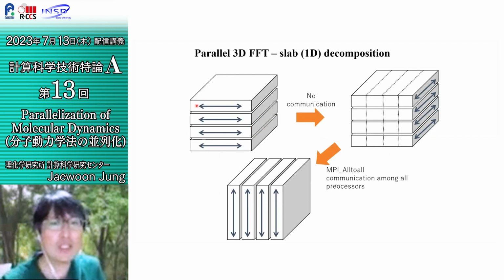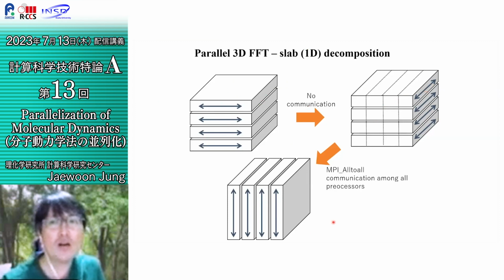For FFT in this direction, each processor has the global data, so they can just do the FFT calculation. And after that, for FFT in this direction, each one also has the global data in this direction. So up to here, there's no communication necessary.